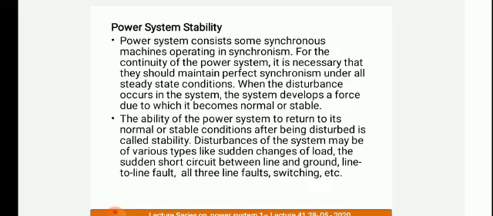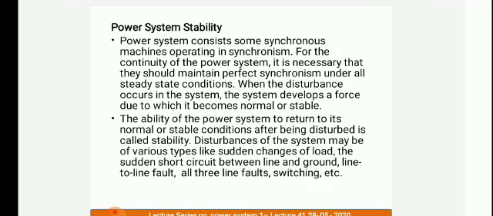Whatever was the stability or the quality of power before the occurrence of the fault, the same must be resumed after the clearing of the fault. So that is related to the system stability. The power system consists of some synchronous machines operating in synchronism.